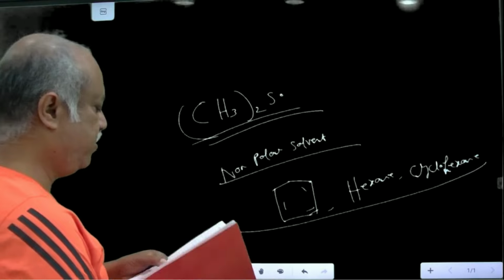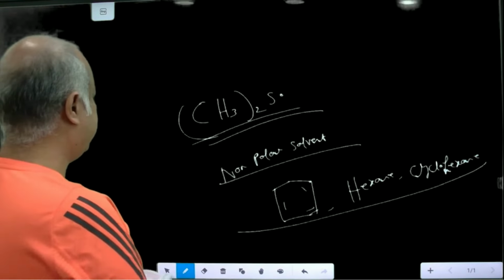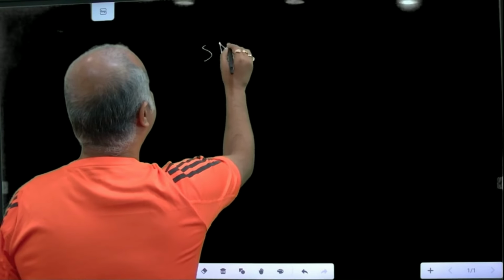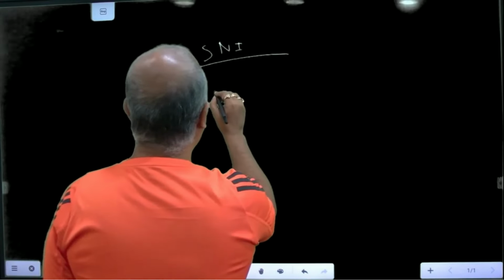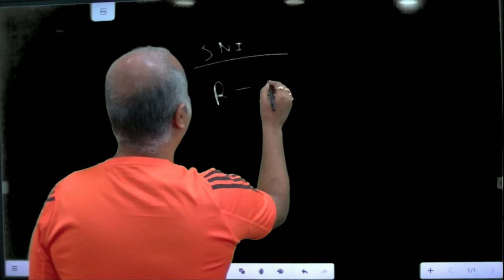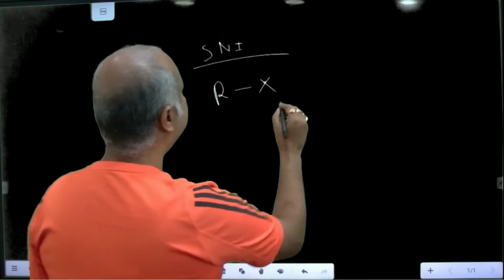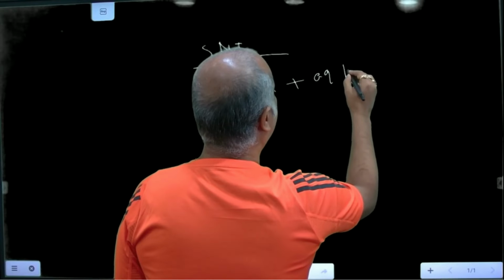Next, I will start the SN1 mechanism. Remember it. There is an alkyl halide and aqueous KOH.